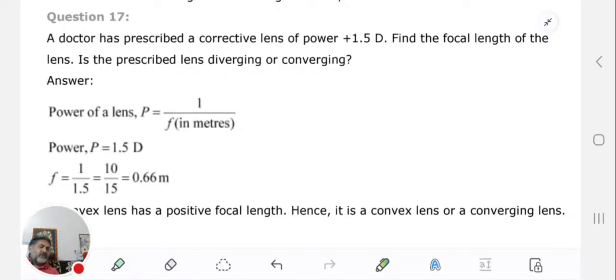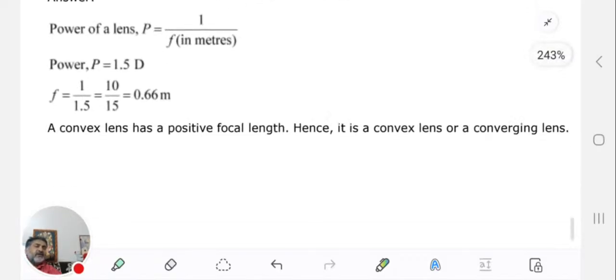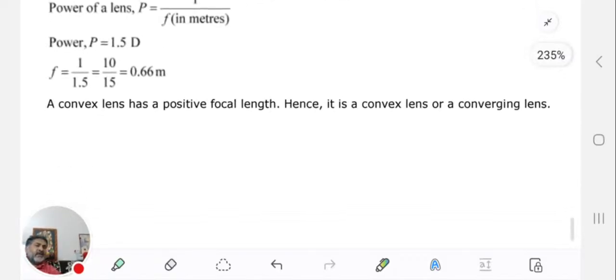So power is equal to 1.5 diopter. So focal length is equal to 1/P થશે એટલે કે 1/1.5 થશે, એટલે આન્સર 10/15 એટલે કે 0.66. A convex lens has a positive focal length, hence it is a convex lens or a converging lens.